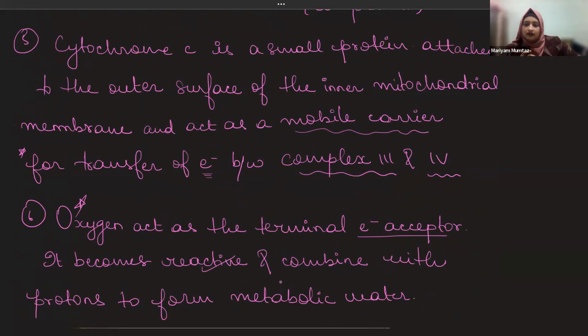Fifth and sixth, are they connected? They're not connected. Electrons are being transported, and once the electron has been transferred between complex 3 and complex 4, then the ETS is done because there are only 4 complexes. Then from complex 4, it goes to oxygen, which acts as the last one to accept the electron.